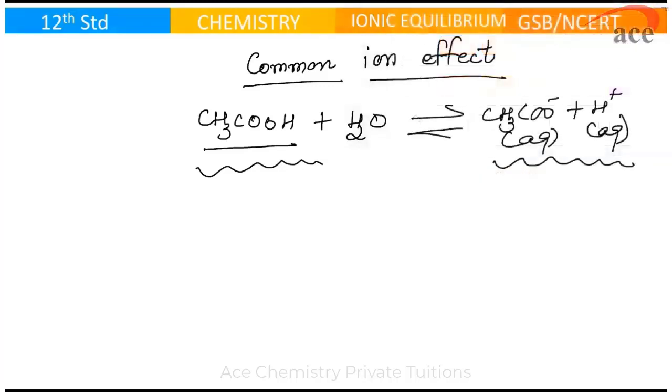We want to suppress the dissociation of acetic acid, means we want reaction in backward direction. So to do so, we are adding a common ion either of acetate or of H plus. So we will be adding the one which is going to give me a common ion to that of product.